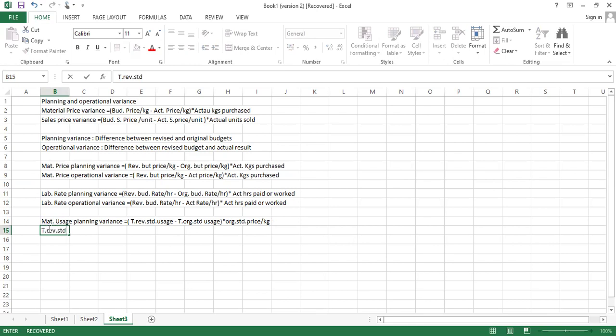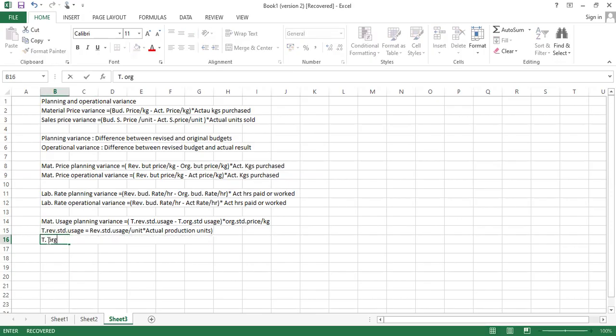So total revised standard usage is equal to revised standard usage per unit into actual production units. This is total revised standard usage.